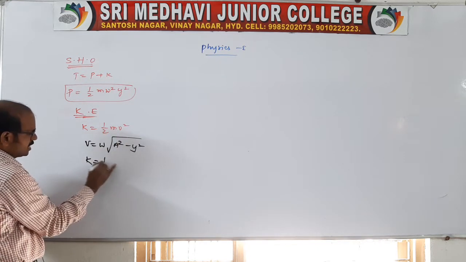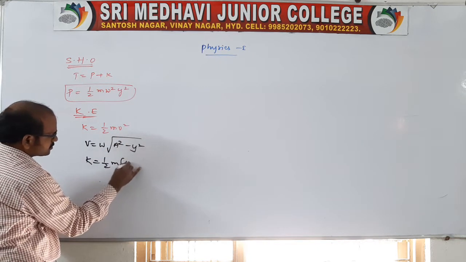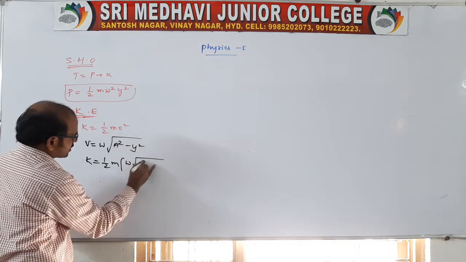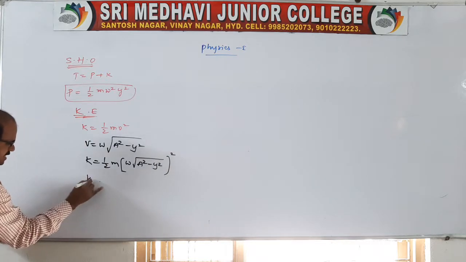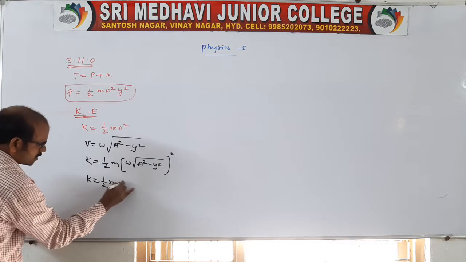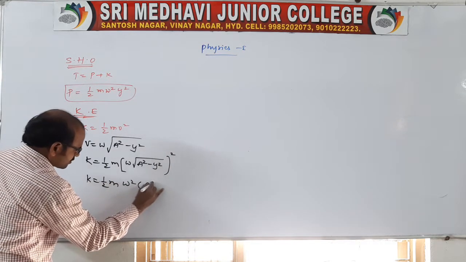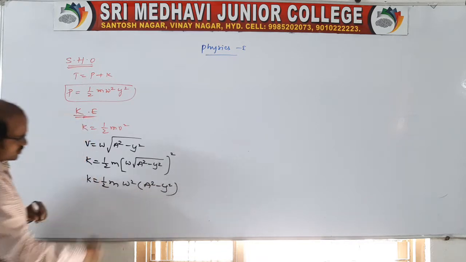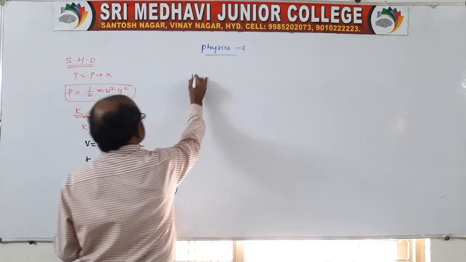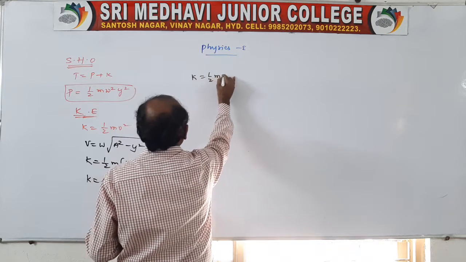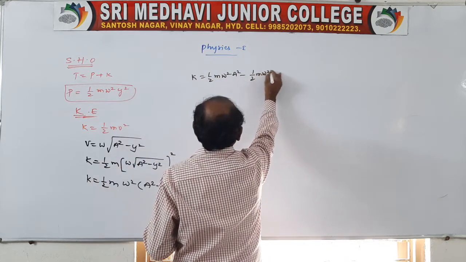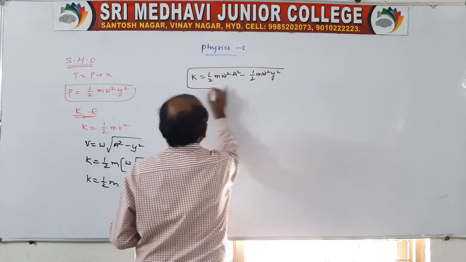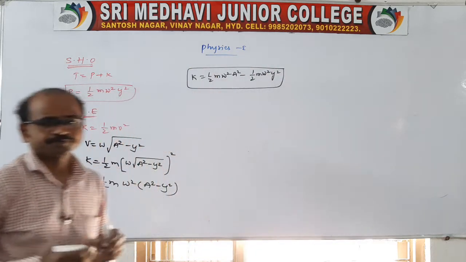K is equal to half m omega into root over a square minus y square within the bracket, and it is squared. So K is equal to half m omega square into a square minus y square. So the kinetic energy will be K is equal to half m omega square a square minus half m omega square y square. This is the kinetic energy relation.